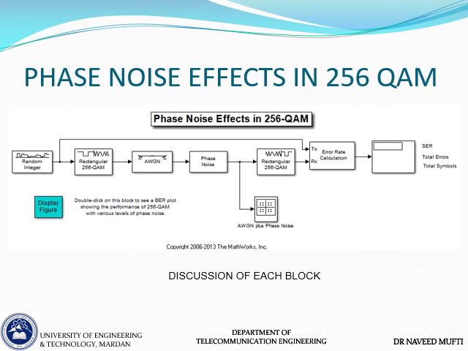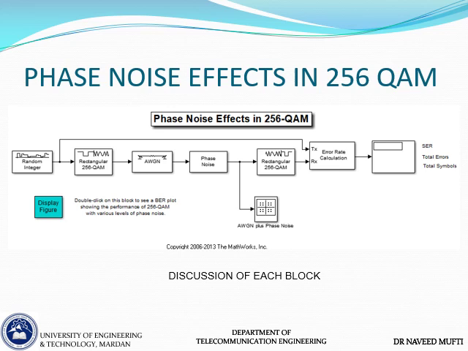This is amplitude noise, this is phase noise. After passing through the channel, getting affected by noise, we receive our signal. Basically, after the phase noise block is our receiver, and we are looking at our noisy received signal using the constellation diagram or the scatter plot.